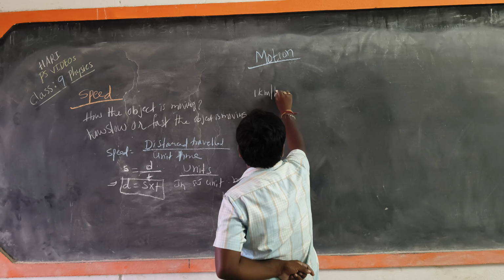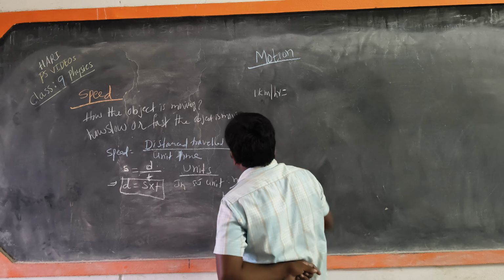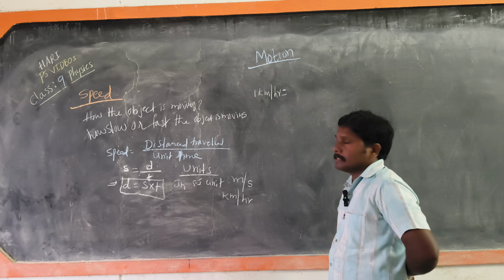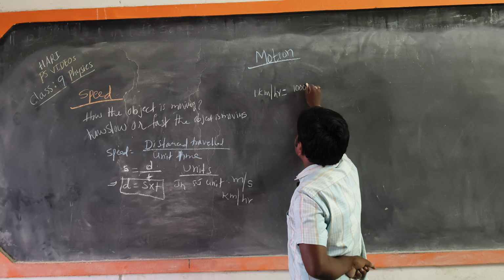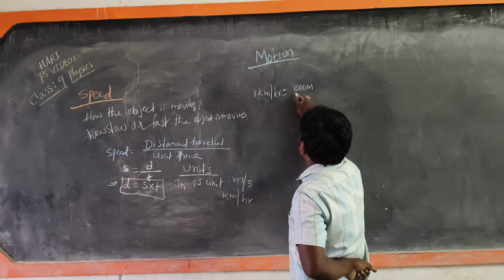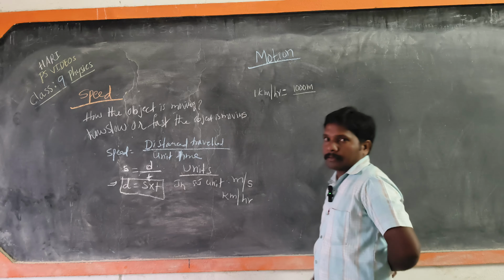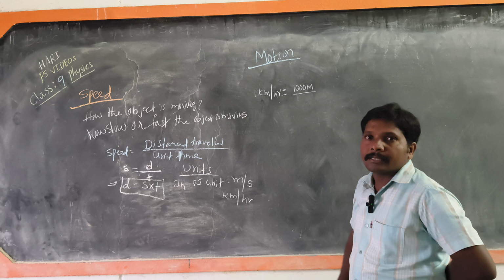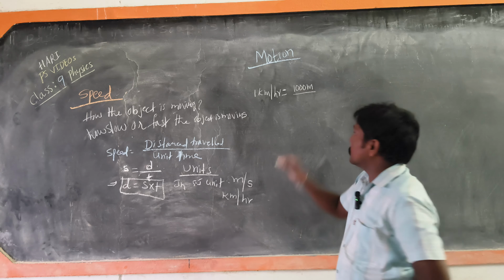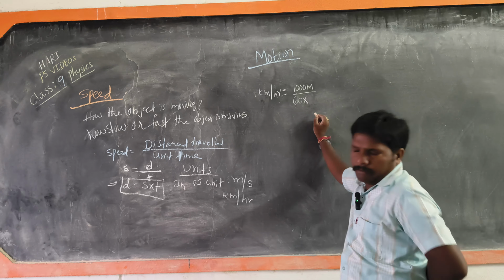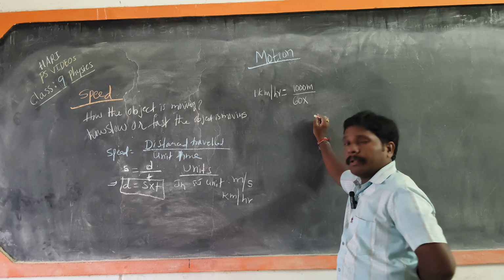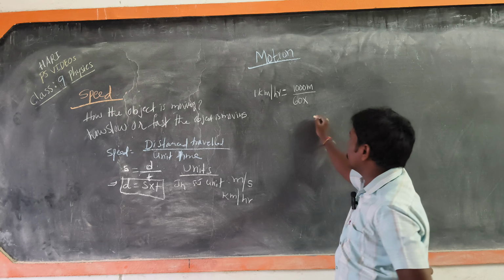1 kilometer per hour is equal to, we know 1 kilometer means 1000 meters, by 1 hour means 60 minutes, and 1 minute is equal to 60 seconds.